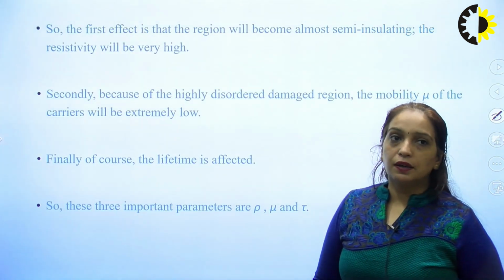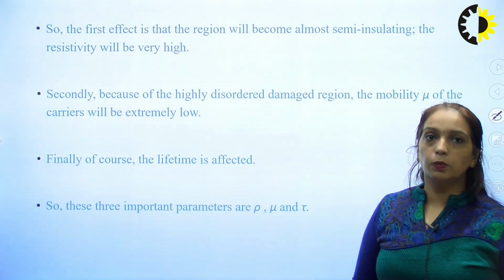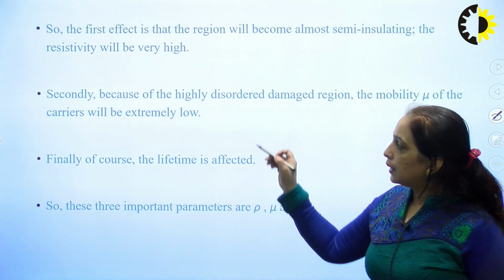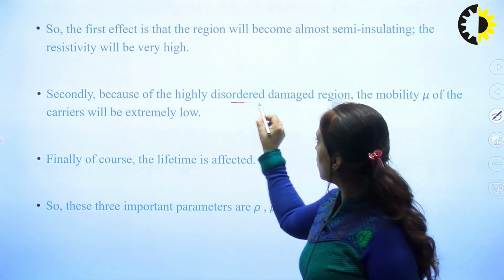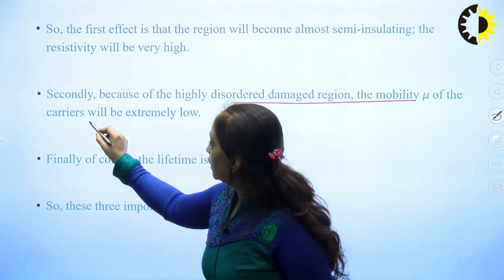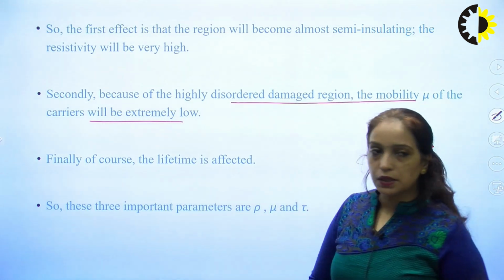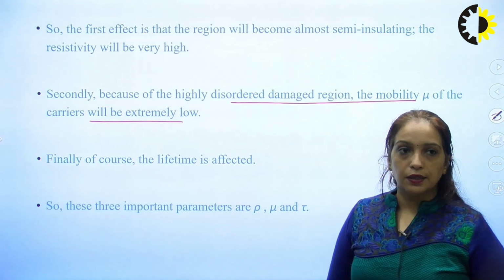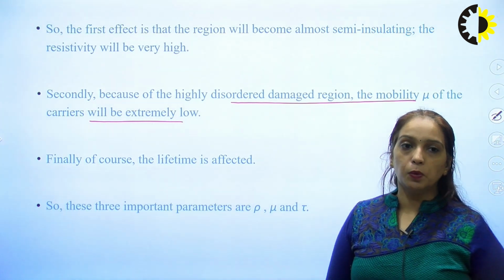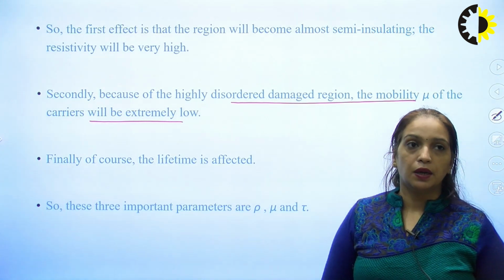So the first effect is that the region will become almost semi-insulating, and the resistivity will be very high. Secondly, because of the highly disordered, damaged region, the mobility of the carriers will be extremely low. And finally, because your mobility is low, your lifetime will be affected. So these three parameters are mostly affected: mobility, conductivity and lifetime, right?